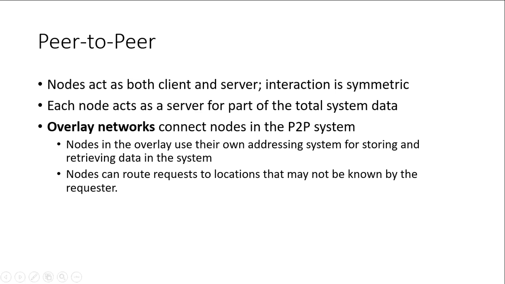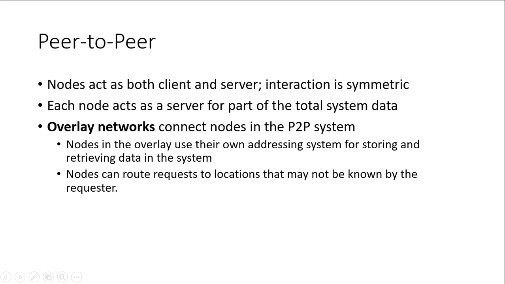So nodes in the decentralized architecture act as both client and server. As already stated, there is no centralized single server unit, so this means every system must have a dedicated server, and interaction is symmetric.